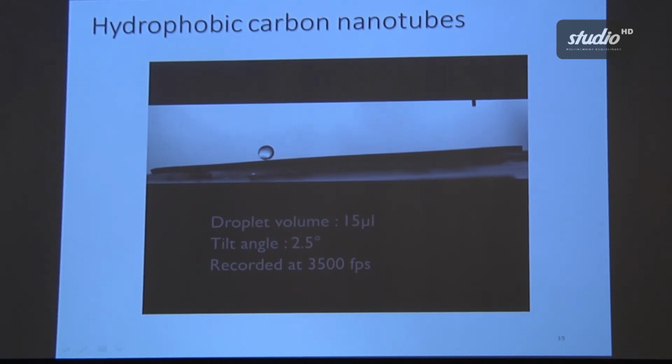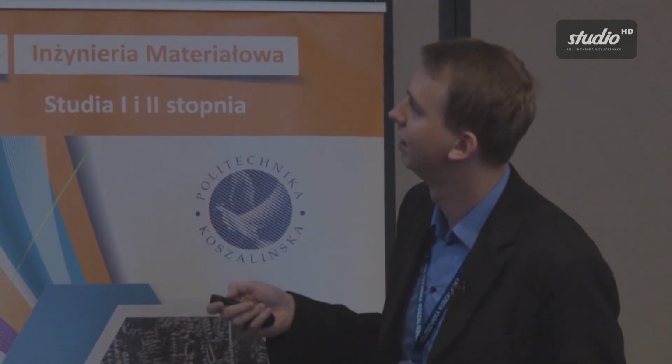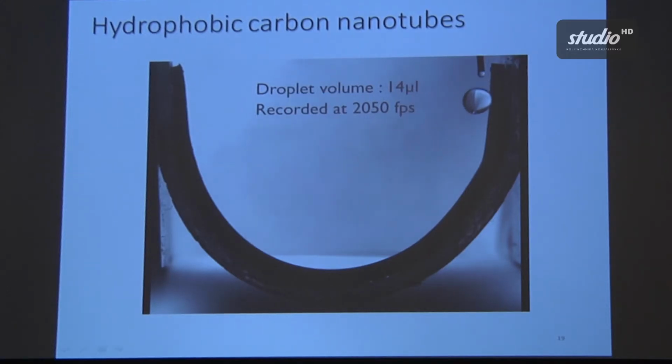With ethanol, for example, it's much easier because the structure is a bit different. But for water, we can observe this bouncing. And this is, I think, the best part of this video that I like the most. It's like a skateboard. You can use this water also a bit. And still, as you can see, it's not spreading on the surface.